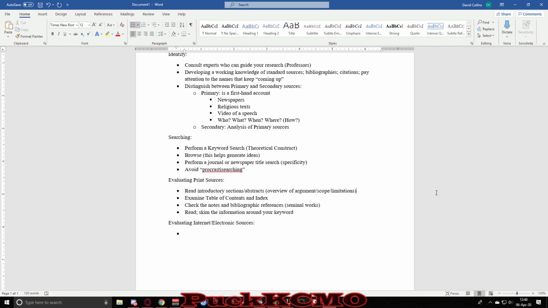Printed sources, right, go through a process of vetting. That's what we started out with, identifying and vetting sources. Print sources, when you look at what's in a book, what's in an article, what's in a journal, they go through a process of peer editing and peer review.